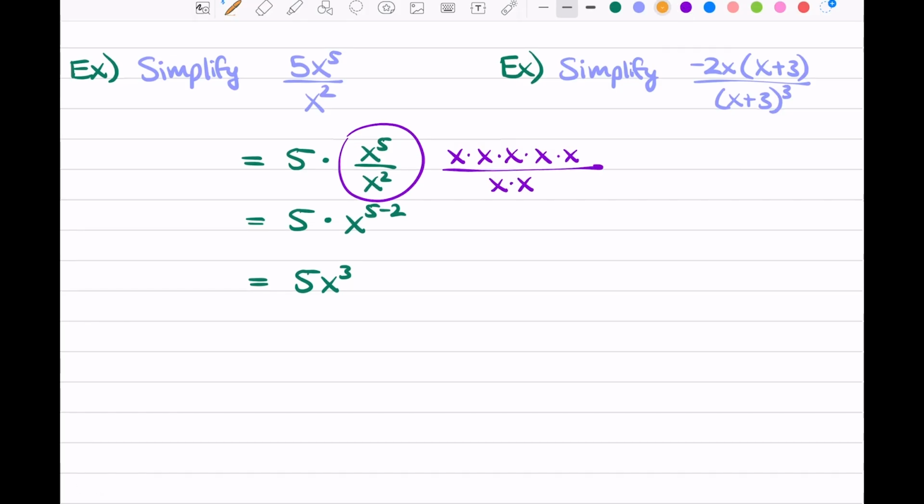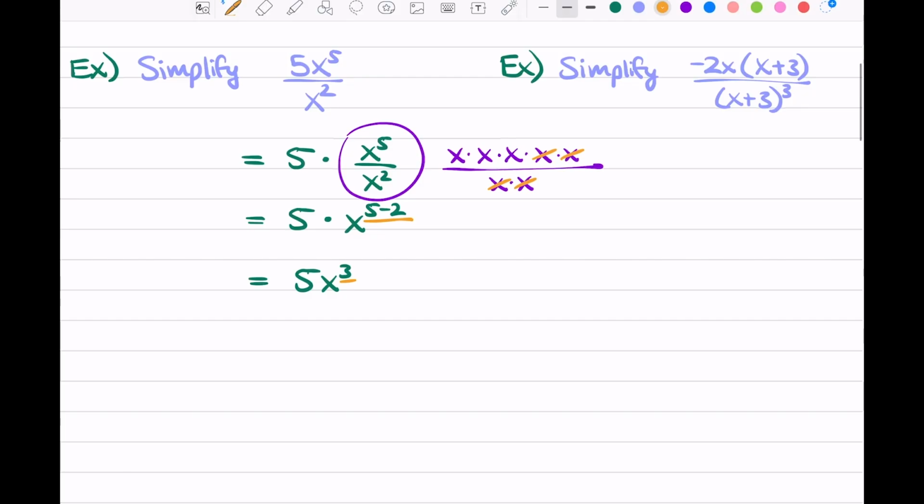And we could split this into two fractions so that these two x's cancel out with these two x's. That's where our shortcut came from. We're taking 5 of the x's and then subtracting out 2 to leave us with 3. That's the same kind of idea we'll use over here.